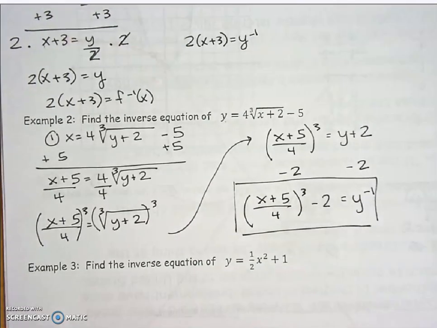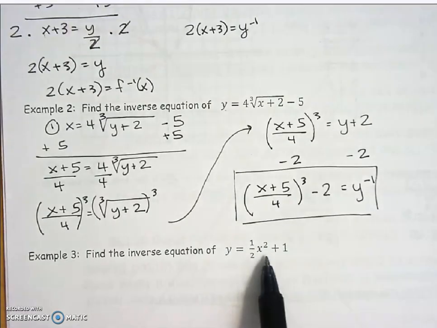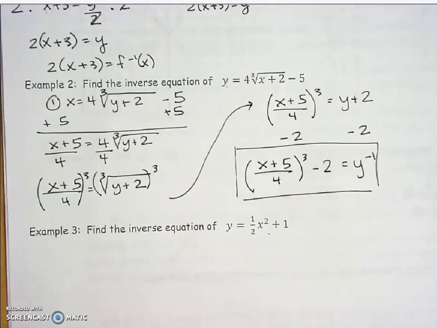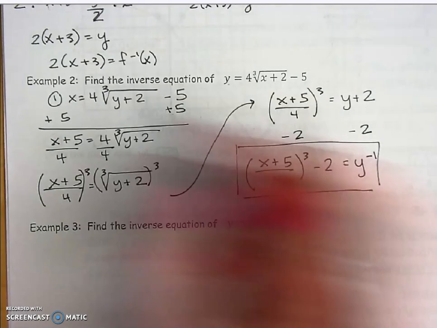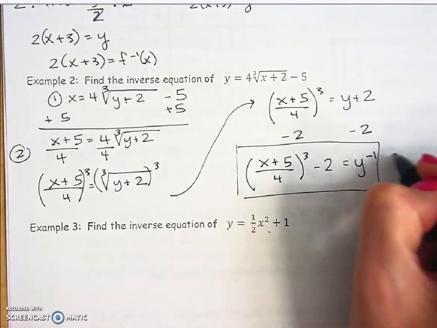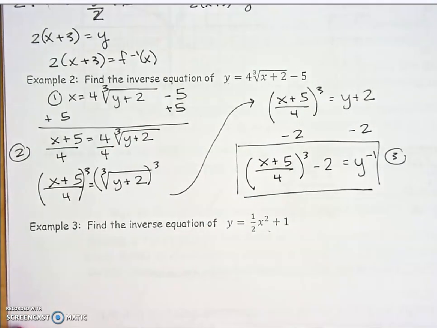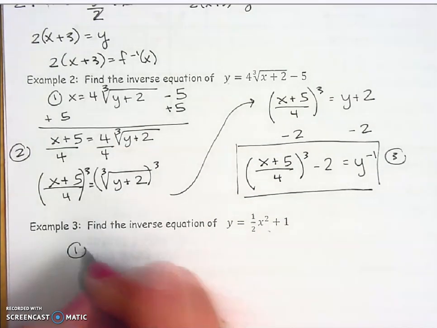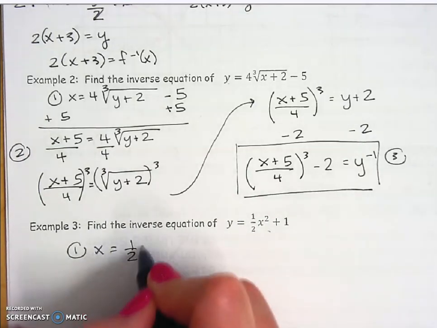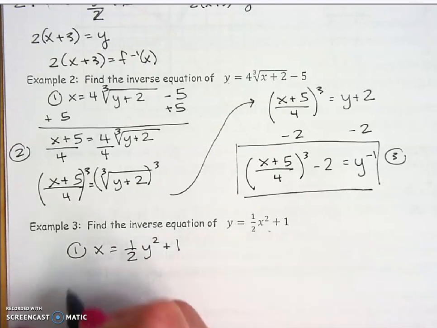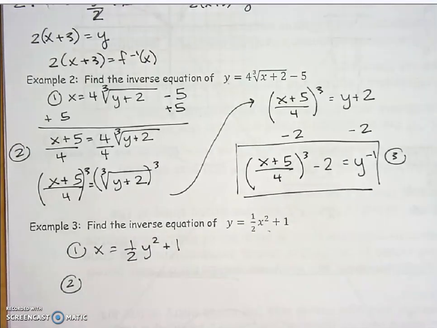Okay, and then pause and try this last one by yourself as well. All right, step 1 is to switch your x and y. And then step 2 is to solve for y.